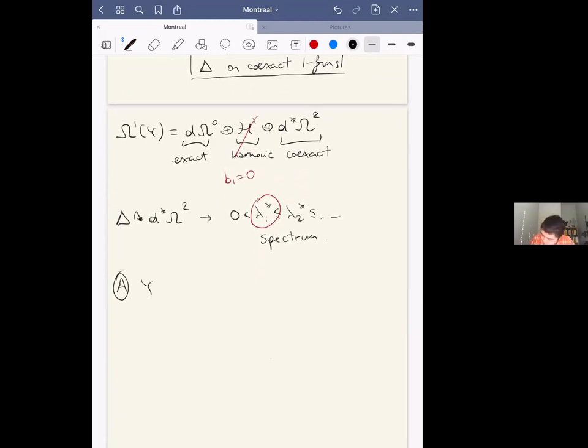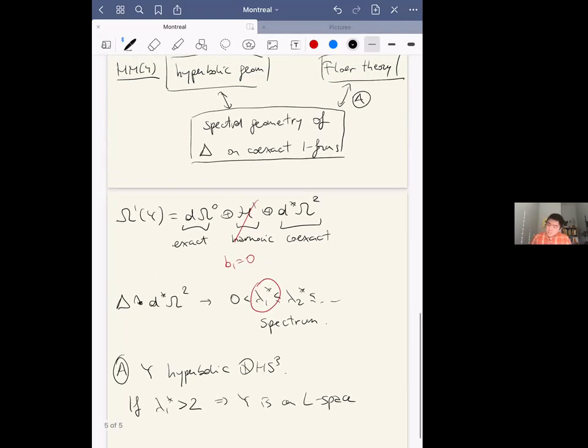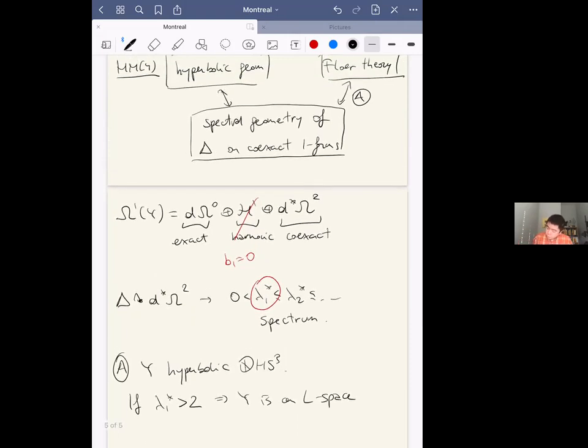If you have Y a hyperbolic rational homology 3-sphere, where I'm assuming that it has a hyperbolic metric fixed, and if this first eigenvalue is strictly bigger than 2, then Y is an L space. So its reduced Floer homology vanishes. In some sense, you can use spectral geometry to detect that something is an L space.